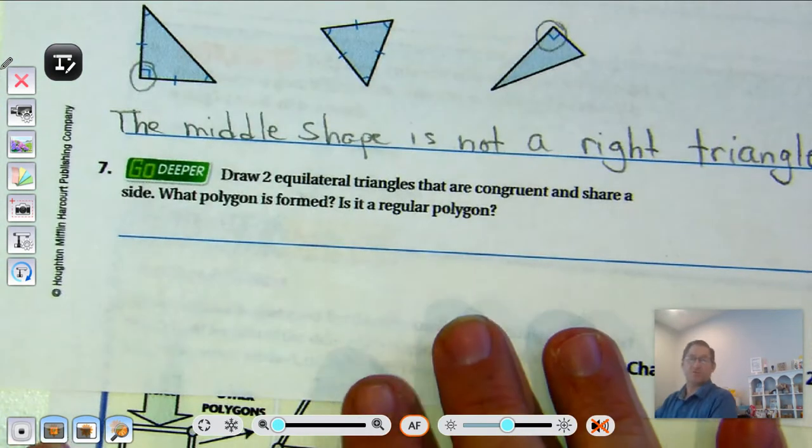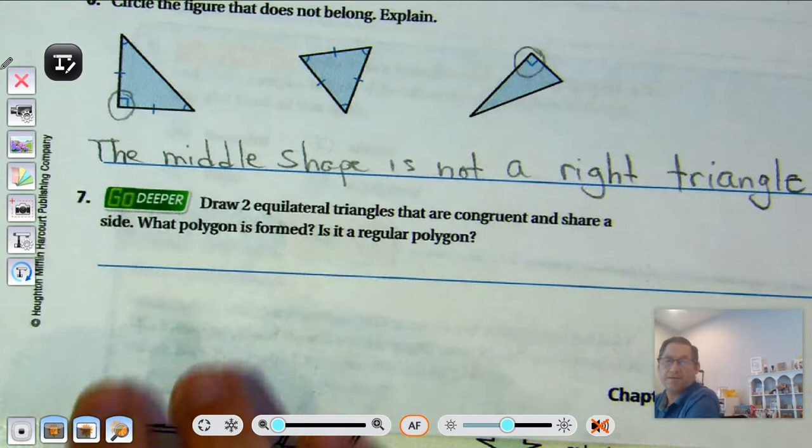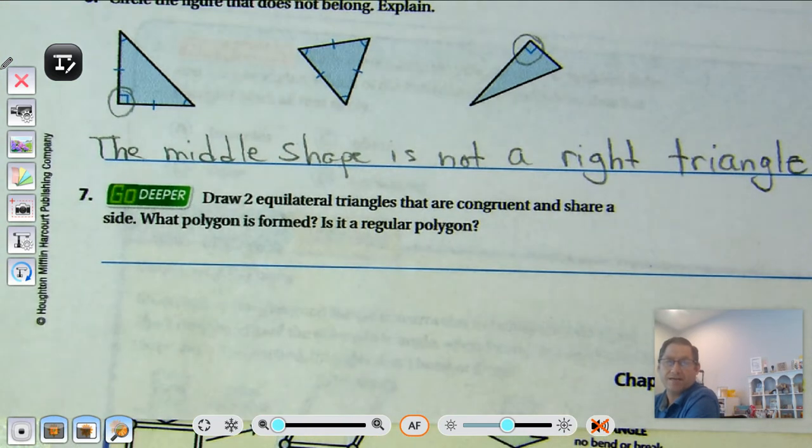All right, number 7. Draw two equilateral triangles that are congruent and share a side. What polygon is formed?